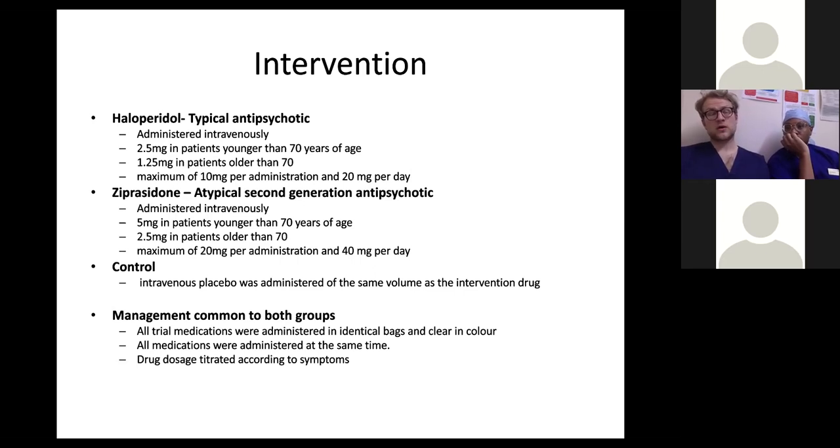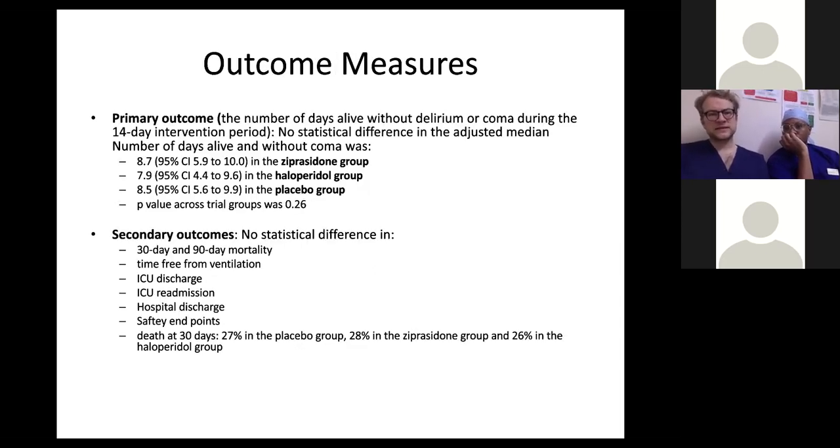So depending on their CAM-ICU, if delirium carried on, then the investigators would double the dose. So your initial dose in the morning of 2.5 milligrams of haloperidol would become 5 in the evening. You'd titrate up and down by doubling, if that makes sense.